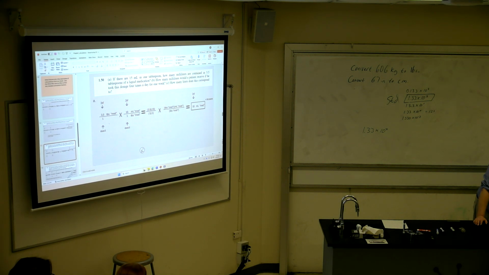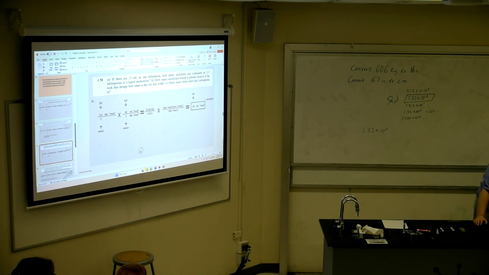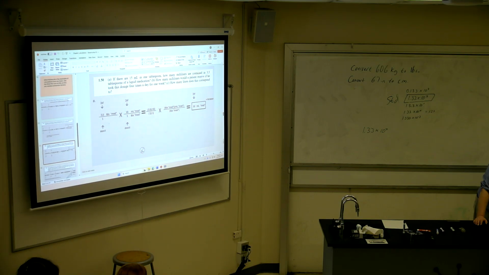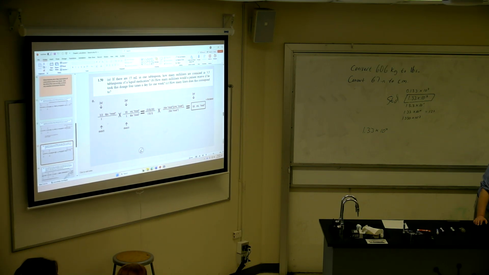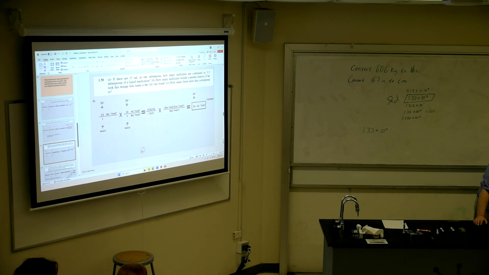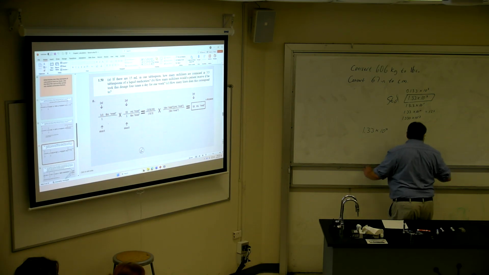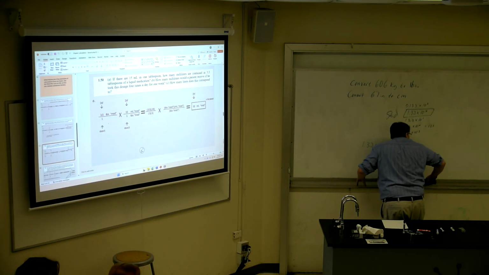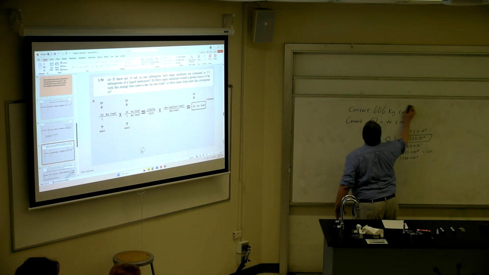Yeah, it's there. Okay, this conversion factor is not on that page, but it's given to you. 15 milliliters equals 1 tablespoon.